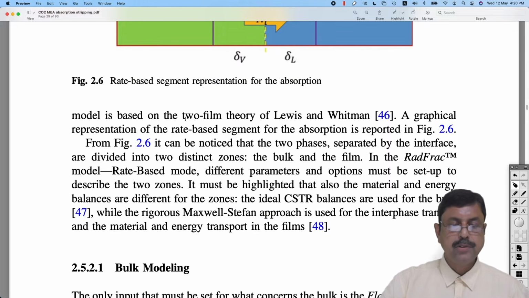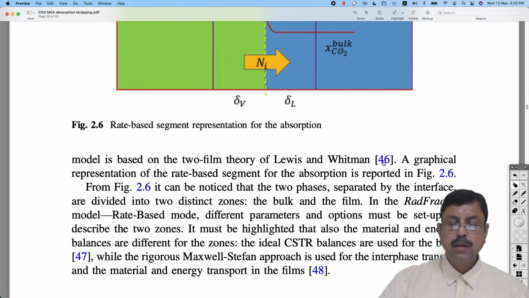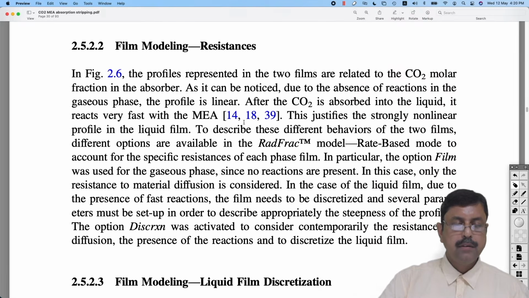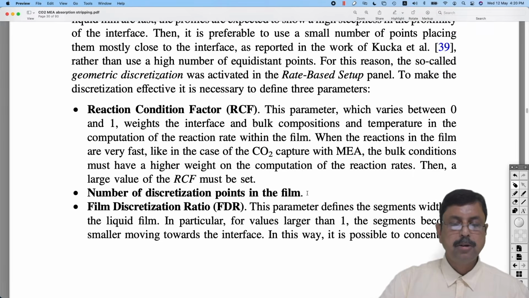This model is based on the two-film theory of Lewis and Whitman. Now, if you want to know further about two-film theory, you should refer to this particular reference. And film modeling resistance, film modeling, liquid film discretization, everything has been said over here.